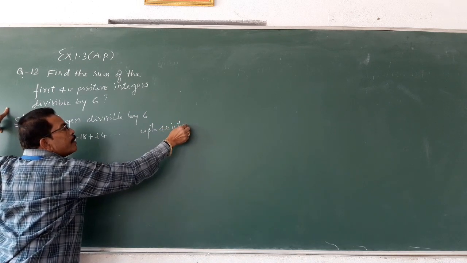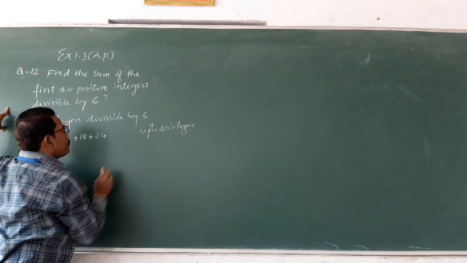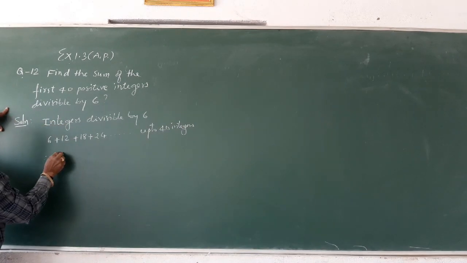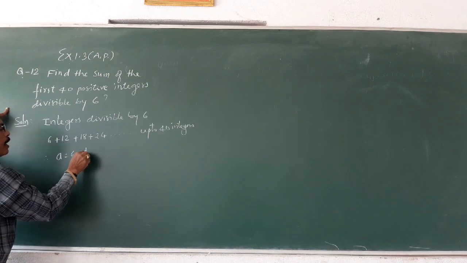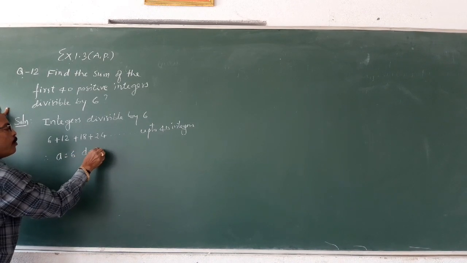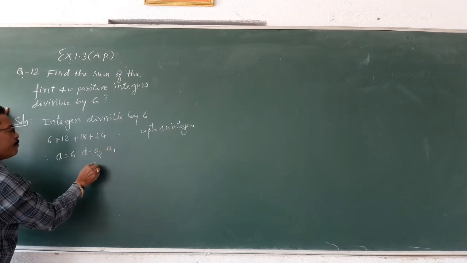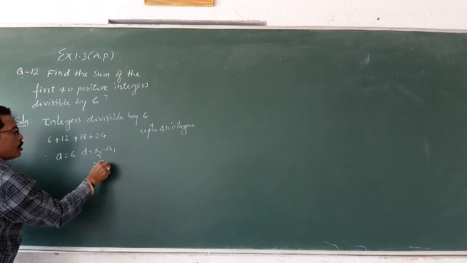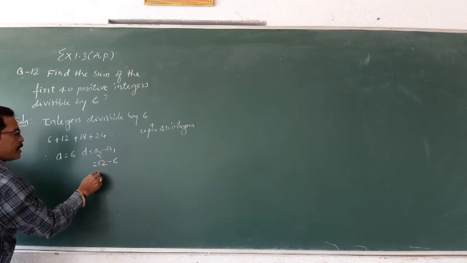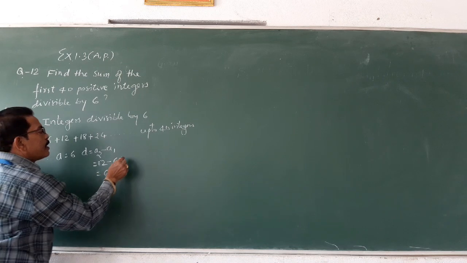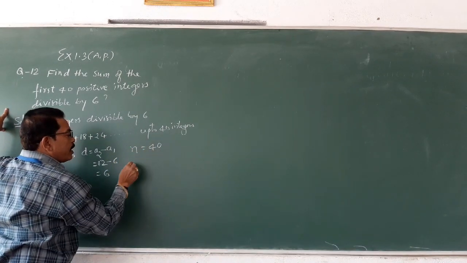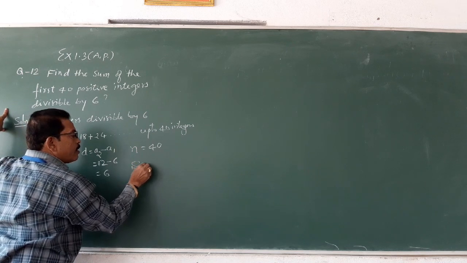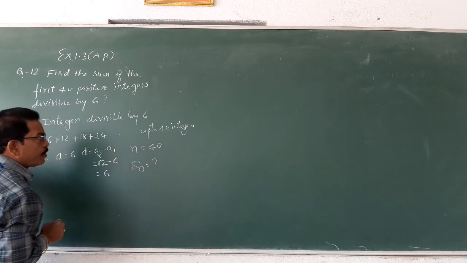Therefore, a equals 6, d equals a2 minus a1, 12 minus 6, 6, then n equals 40.